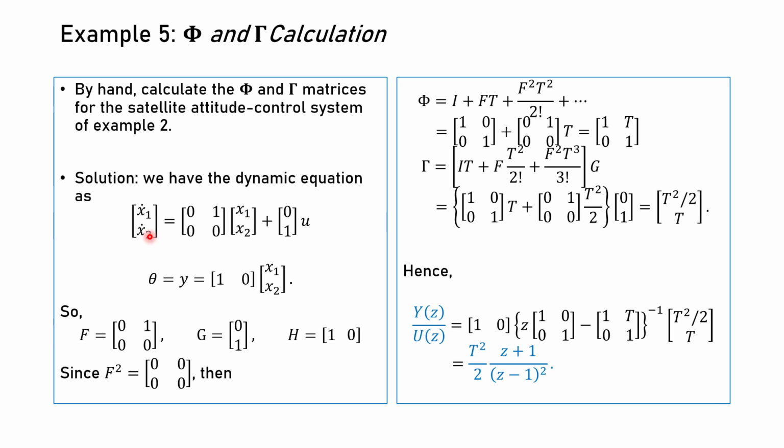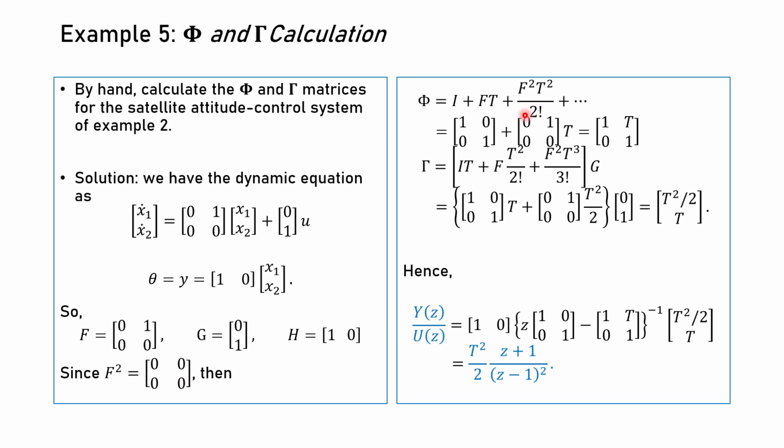In the previous example of the ball integrator, you have matrix F like this, and G, sorry, G. F, G, and H is 1, 0 like this. We can observe that if you multiply F by itself, you just get 0.